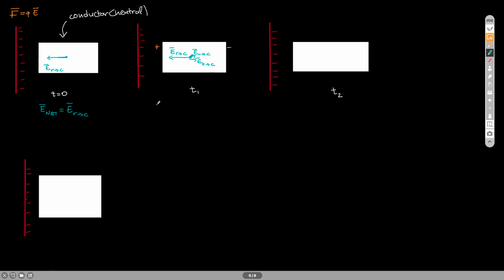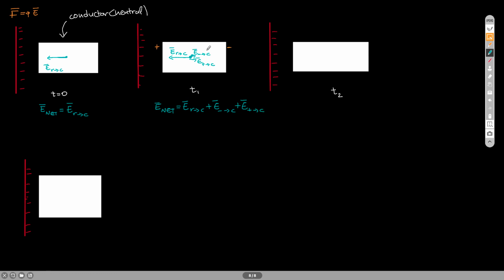So now E net is not the same as what it was before. It is the sum, of course, of all electric fields: the one created by the rod, plus the one created by the negative side of the conductor, plus the one created by the positive side of the conductor.